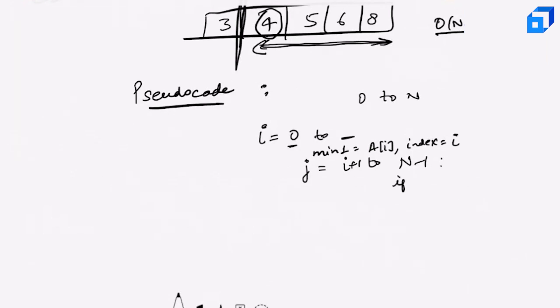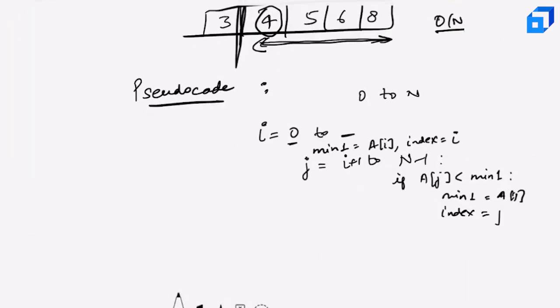So if, let's say, a[j] is less than min, then min is equal to a[j], and index is equal to j. One of the other things which I also track is if a[j] is greater than a[j+1], then there's a flag that I set to, let's say, 1.